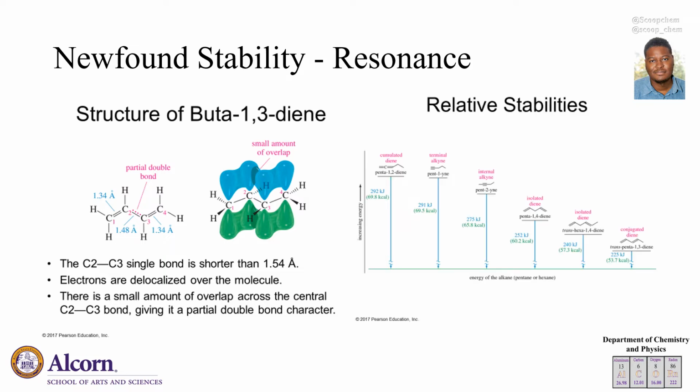So now I can start to study the relative stabilities of these pi systems. An accumulated diene is a diene that has the 2 pi bonds attached to the same carbon. There's no single bond in between. This system is extremely unstable.